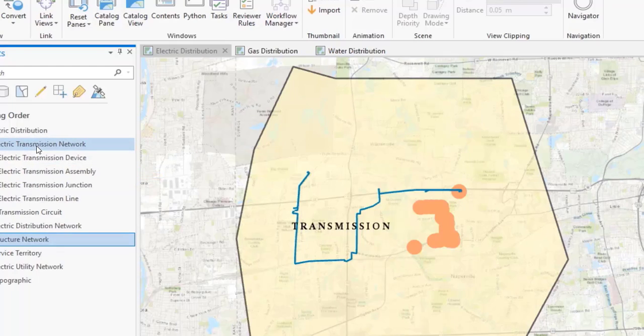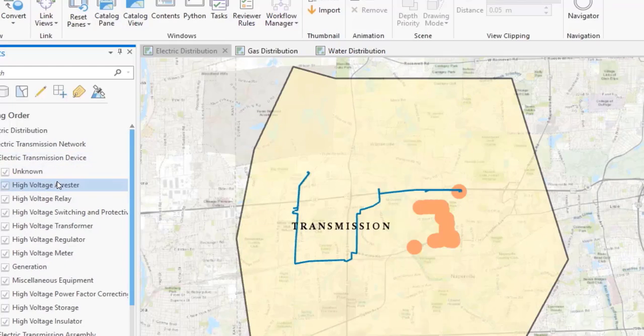Looking at the electric transmission network, remember devices, assemblies, junctions, and lines. Electrical transmission devices include things such as arresters. An arrestor is an operational device that's designed to passively monitor surges. If a power surge comes down the line and hits this arrestor, under normal operating temperatures the arrestor acts as an insulator, so it's a barrier, electricity can't cross it.